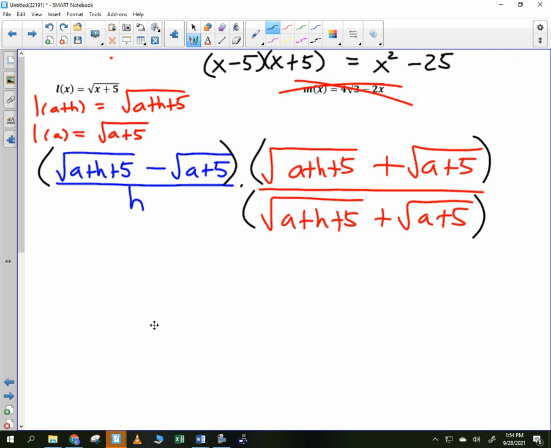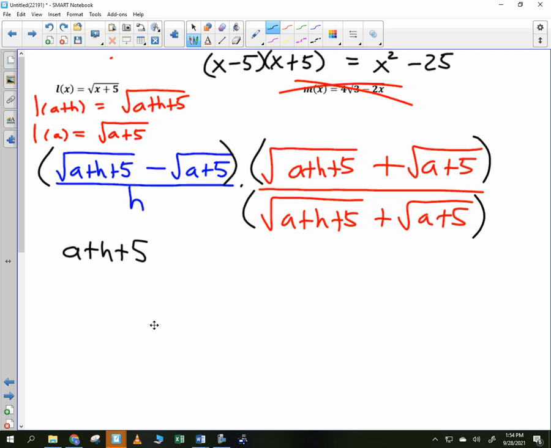Now watch this. I have the expression in blue times the expression in red. When you multiply these, what will you get? You're just going to get a plus h plus 5, right? Yep. Okay. Now, watch the middles.